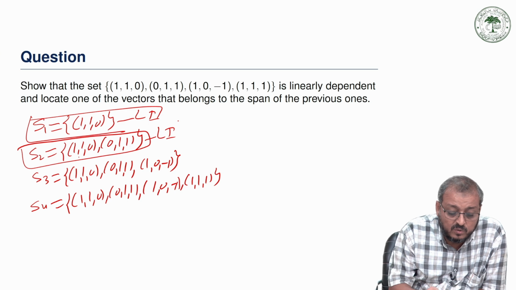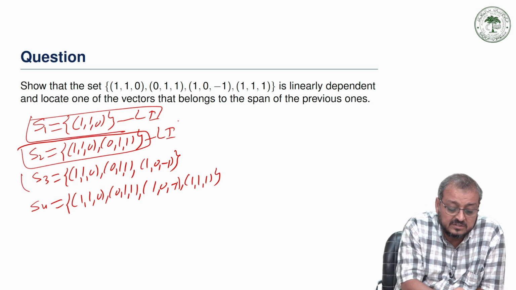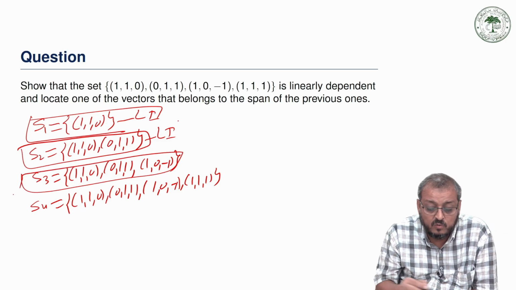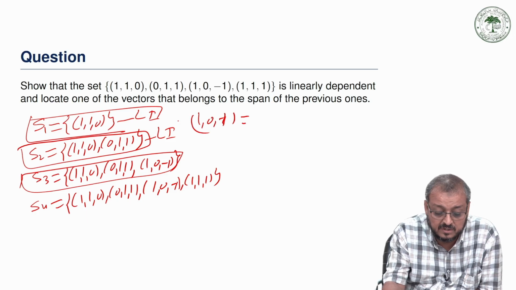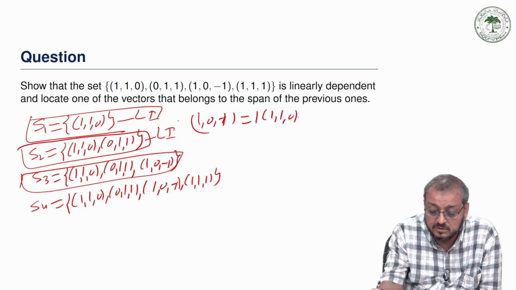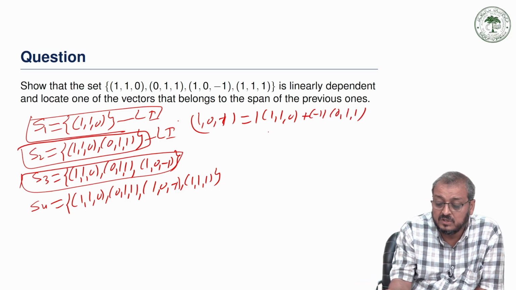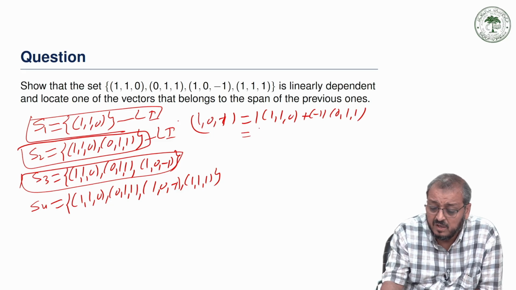Now we try to check whether S3 is linearly independent or dependent. We can say that 1 0 minus 1 can be written as 1 into 1 1 0 plus minus 1 times 0 1 1. Now this gives 1 plus 0 is equal to 1, and 1 minus 1 is equal to 0.